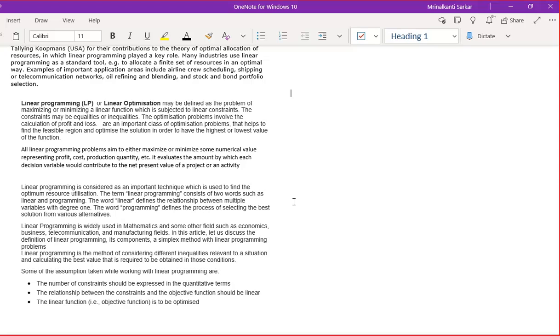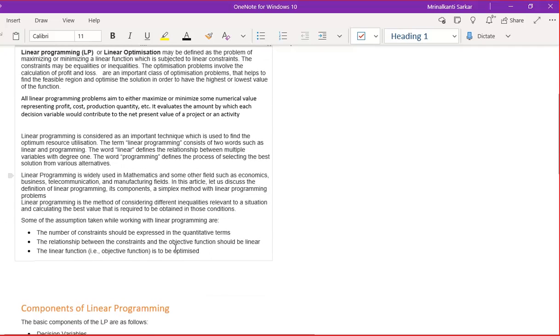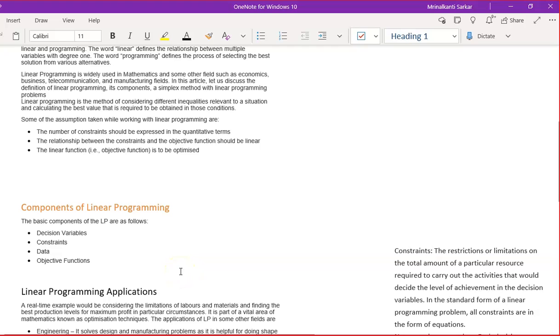Not only in mathematics, you see economics, business, telecommunication, manufacturing field, it has wide application. And the simplex method is the next version of linear programming, which we'll study in higher classes. What are the components of linear programming problem that you have to understand?